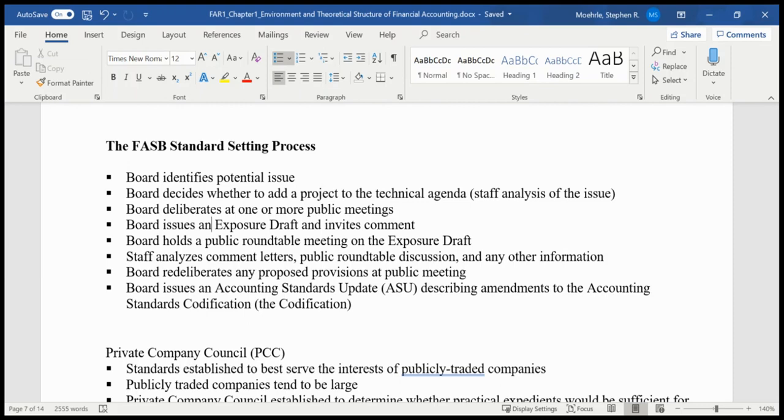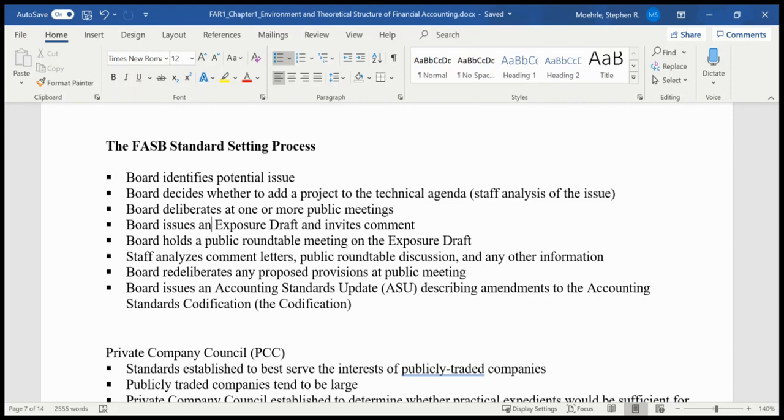We could respond to an exposure draft as a class. I've responded to exposure drafts in the past. The FASB staff then analyzes these comment letters, these public roundtable discussions, and any other information.